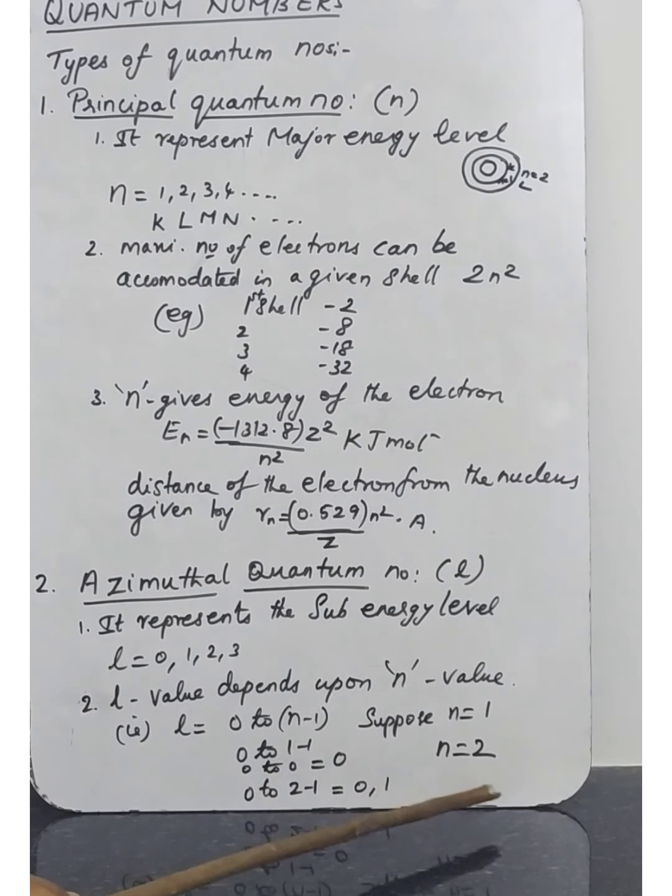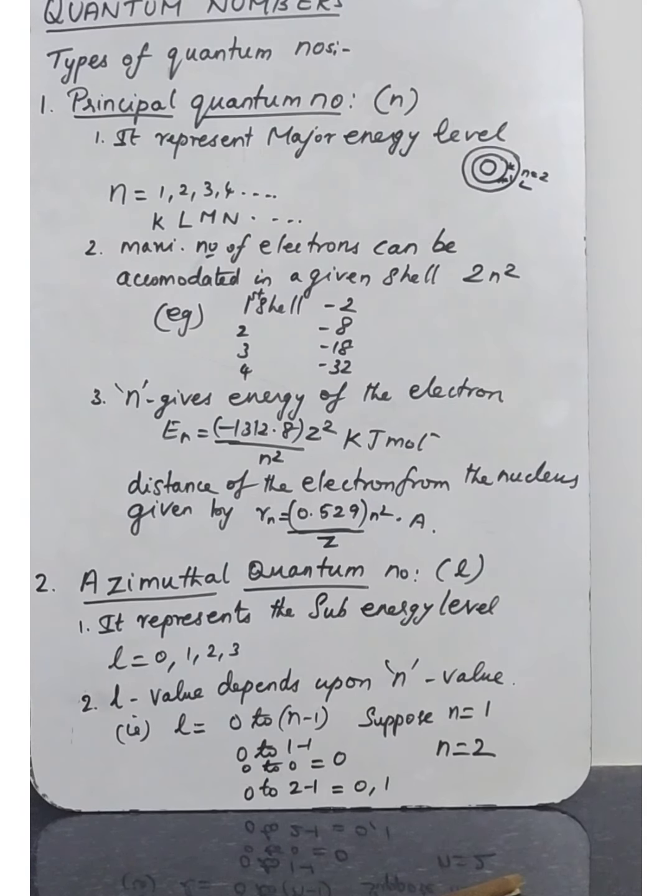Same way, n is equal to 3: 0 to 3 minus 1. 3 minus 1 is 2, and before 2 is 1. So 0, 1, 2. If n value is equal to 3, the possible l values are 0, 1, 2. If l value is 0, s orbital; l value equal to 1, p orbital; l value equal to 2, d orbital.